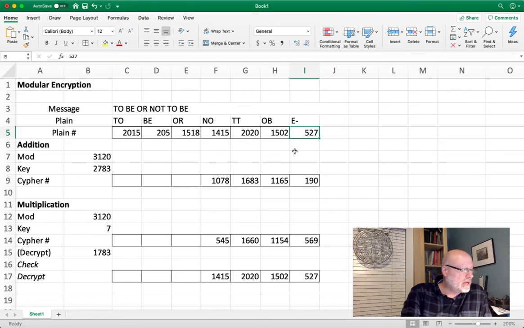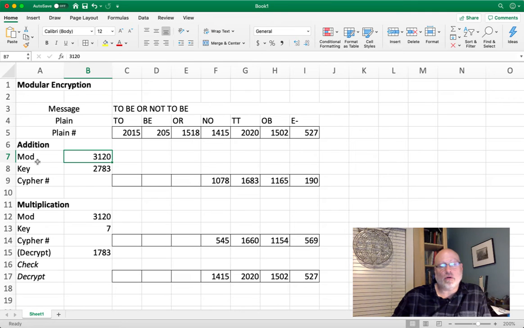Okay, so the way we're going to look at each of these, let's see, make sure I have all my notes. When we calculate this and encrypt this using addition, the first thing to keep in mind is that our mod number should be big enough that it will accommodate all of the 4-digit numbers.